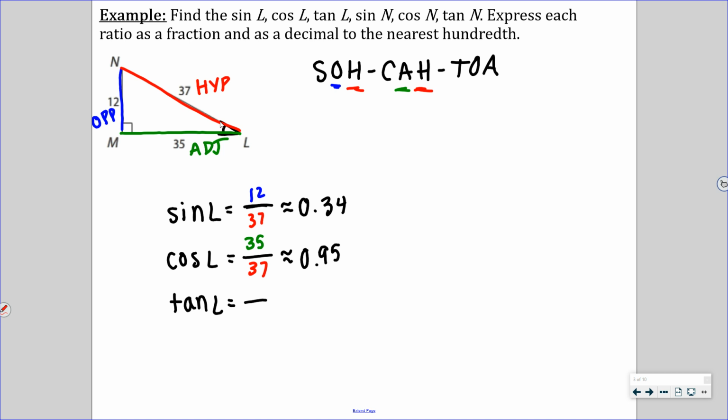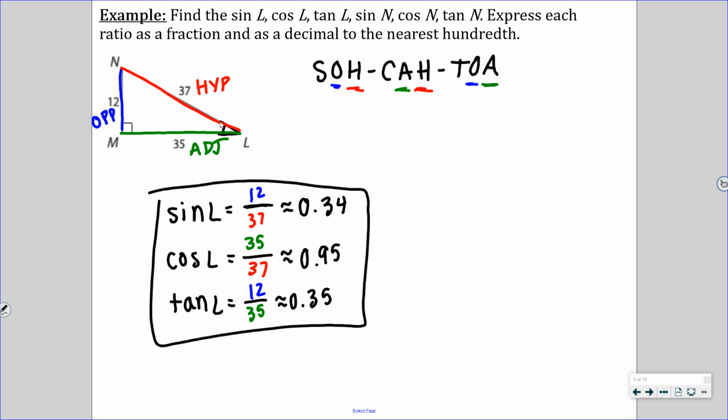Tangent, opposite, 12, to adjacent, 35, or approximately 0.35. All right, there's my first list.